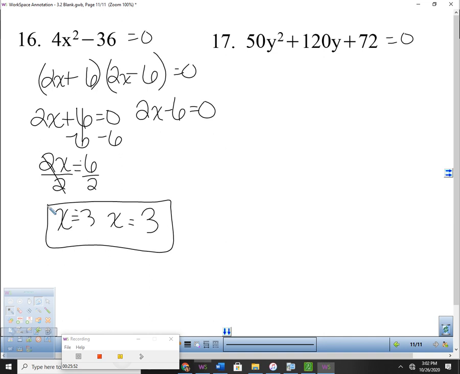Okay, 17, I'm back to having a trinomial. So is the front a perfect square? No. Okay, so I don't have a perfect square, which means I need to look for a common factor, right? So do all of these divide by something? By 2, right?